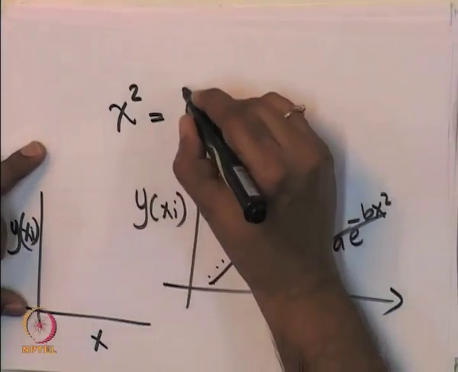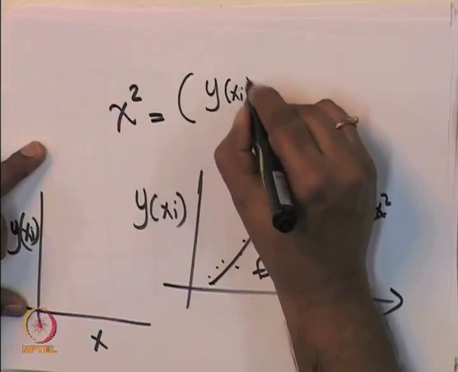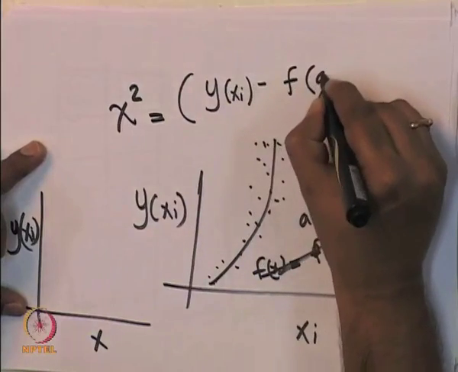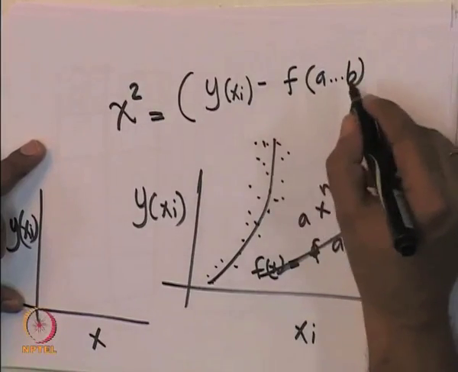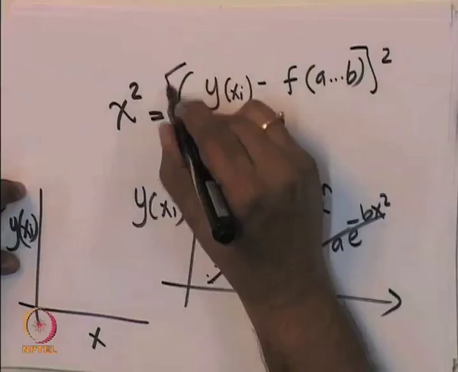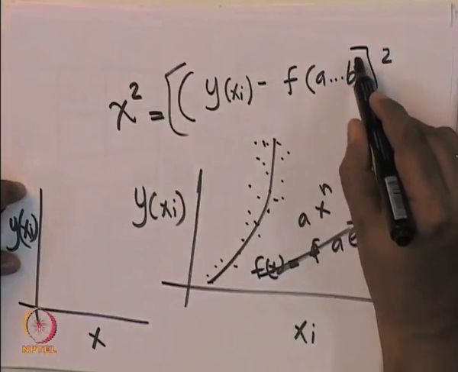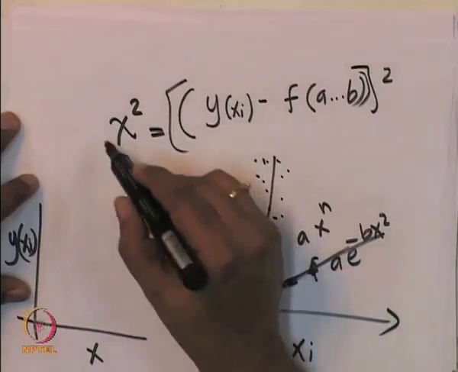So, chi-square is the experimentally measured y data minus this function, which has the parameters a, b, c, etc. You can write these parameters. So, this difference square, this is typically called chi-square.